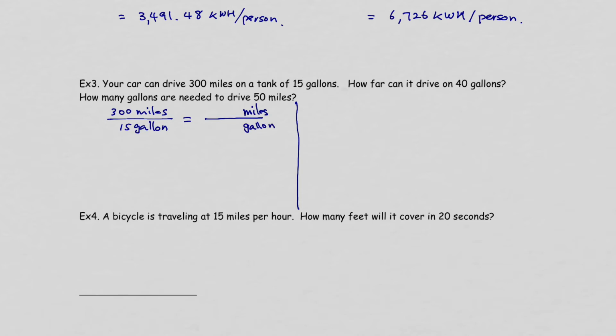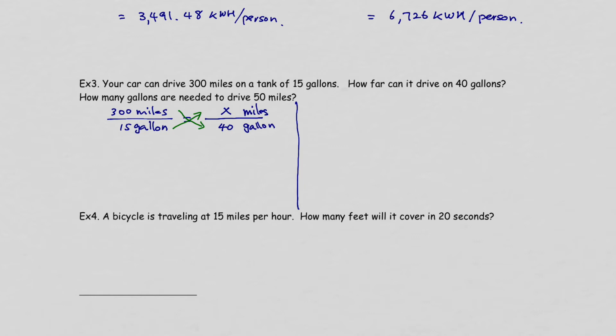And they want to find out how many miles can be driven with 40 gallons. In this case, we call this the proportion method: one fraction equals another fraction.